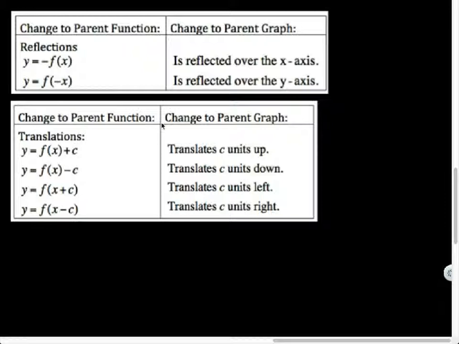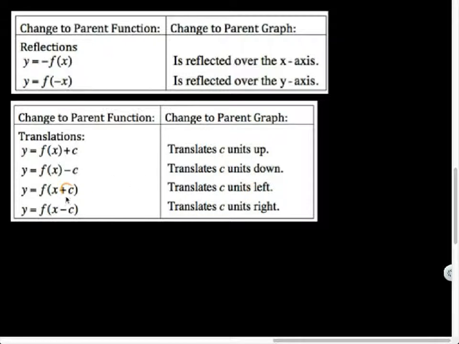Translations. If I'm adding c after the function has occurred, it's a vertical translation. It's shifting up. If I subtract the c value after the function has occurred, it's shifting down. If I'm adding c on the inside, so it's happening to the x before x got squared or absolute valued or greatest integered, it's shifting to the left.